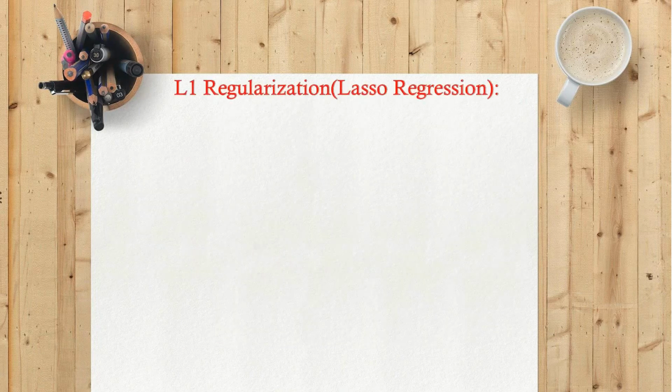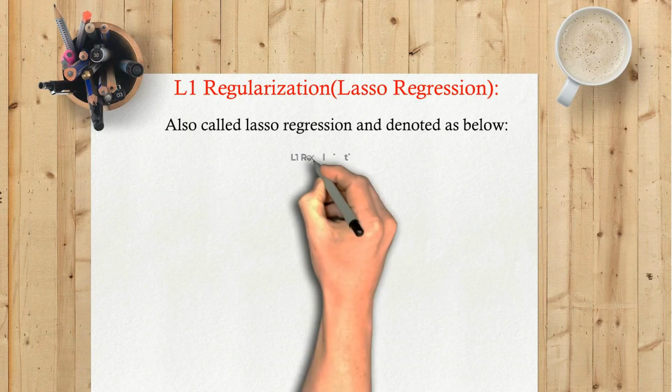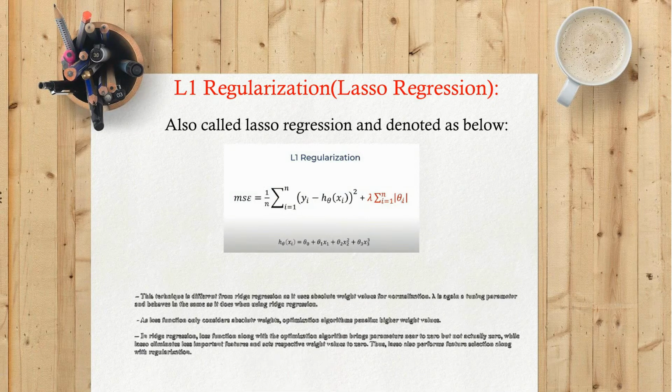L1 regularization, lasso regression. Also called lasso regression, and denoted as below. This technique is different from ridge regression, as it uses absolute weight values for normalization. Lambda is again a tuning parameter, and behaves in the same way as it does when using ridge regression. As the loss function only considers absolute weights, optimization algorithms penalize higher weight values.